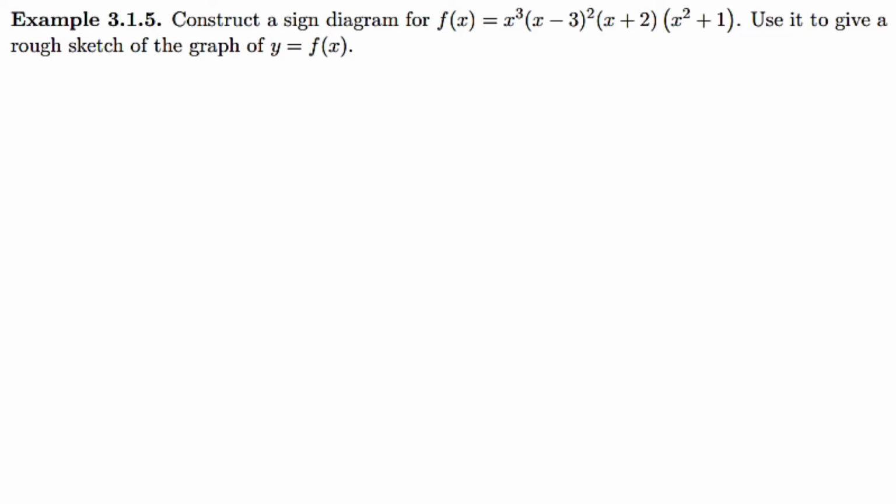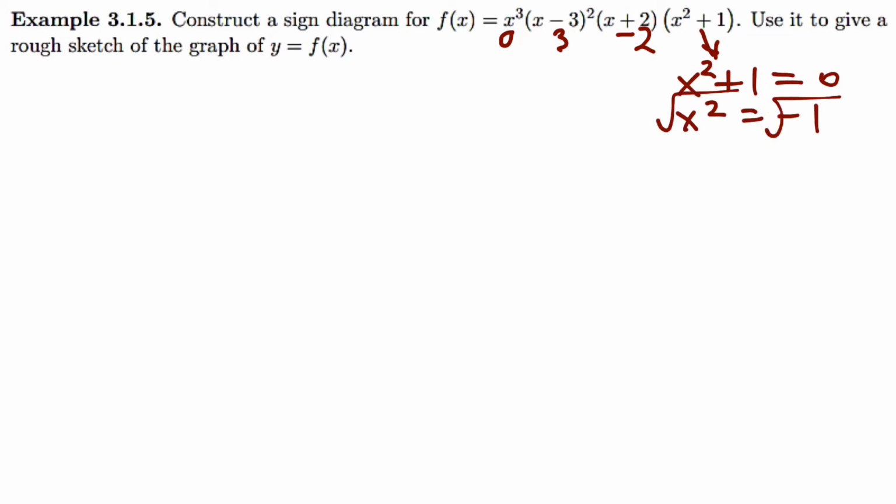Your real zeros are your x-intercepts. If I look up here at my function, I've got a real 0 for x cubed at 0, for x minus 3 squared it would be 3, x plus 2 gives minus 2, and let's look at this factor, x squared plus 1. Where does that equal 0? That would mean x squared must equal negative 1, and if I take the square root, I get x equal to plus or minus i.